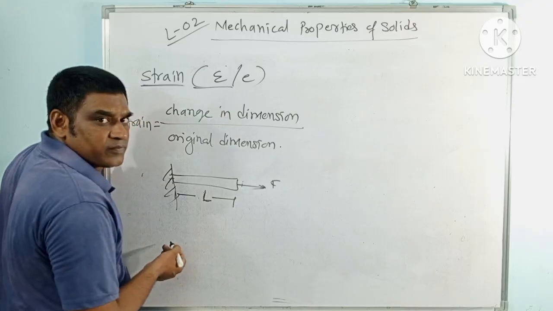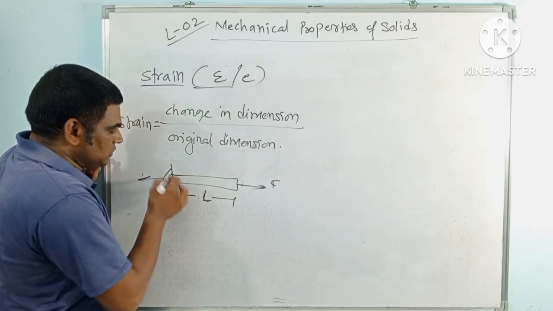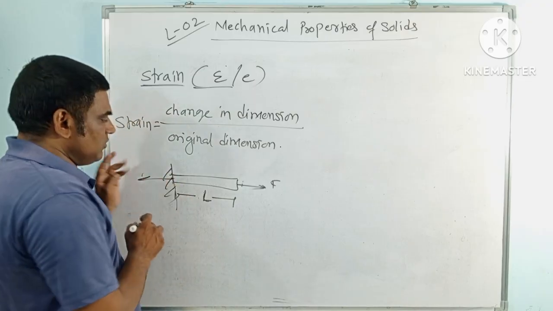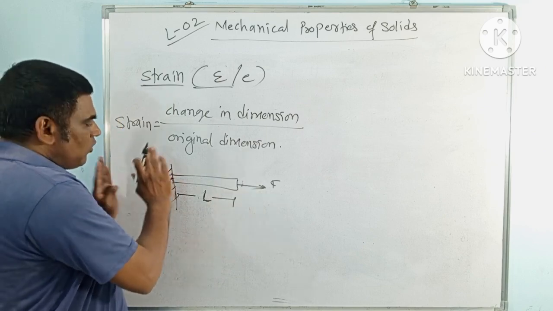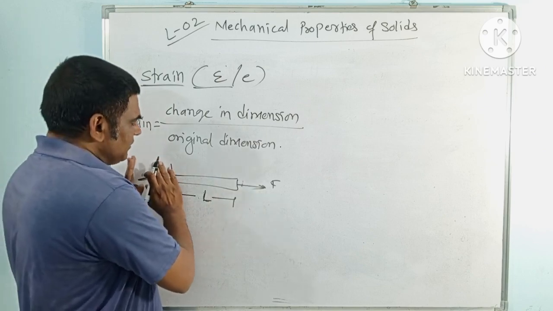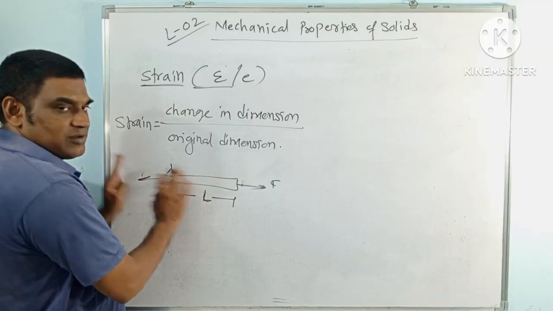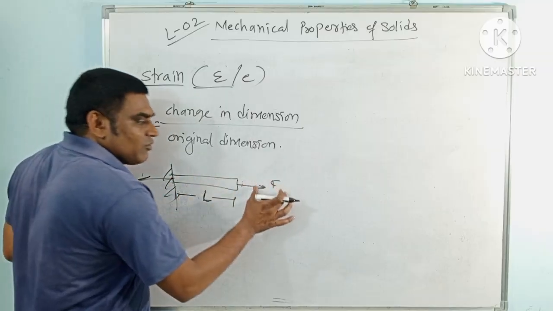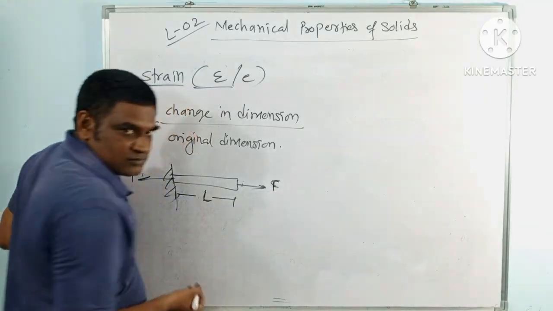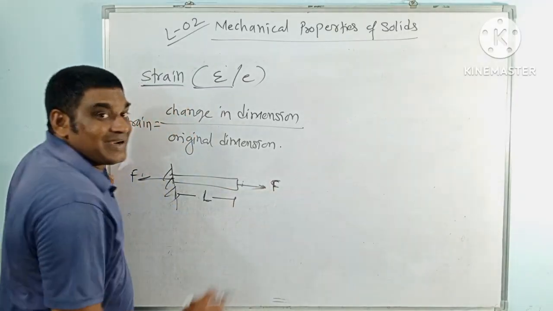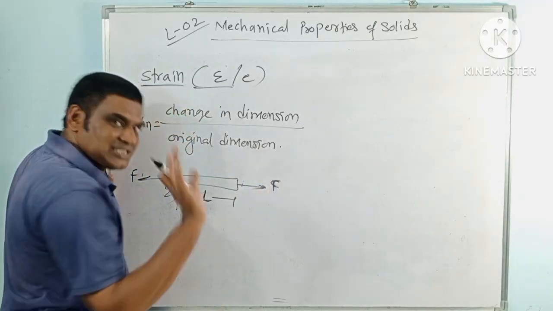A normal reaction will be there, so the wall will apply a normal reaction on this side. So on the body, one force on this side, one force on this side, equal and opposite. So due to that, what will happen?